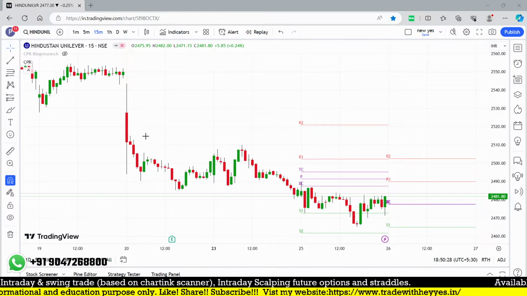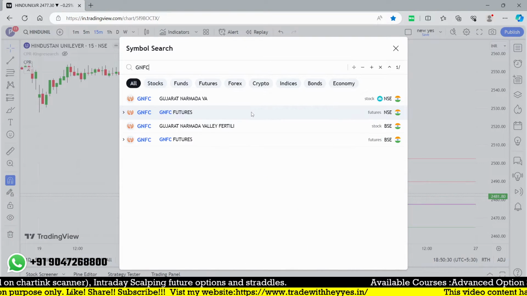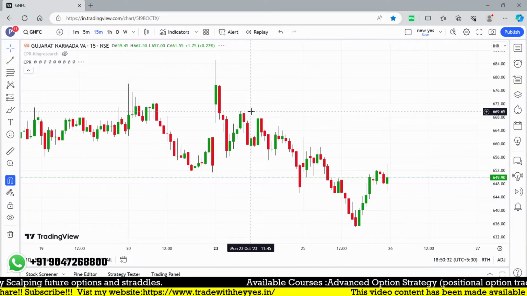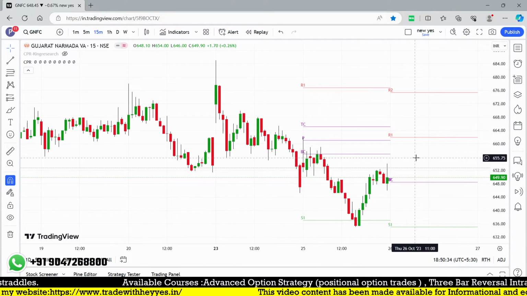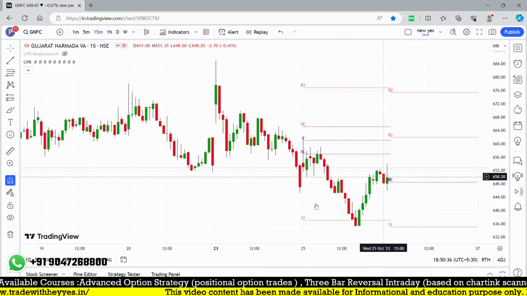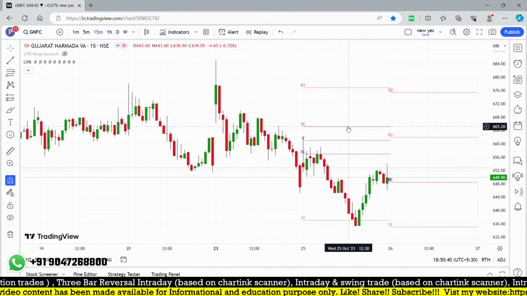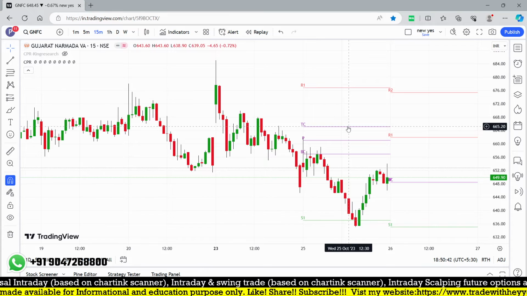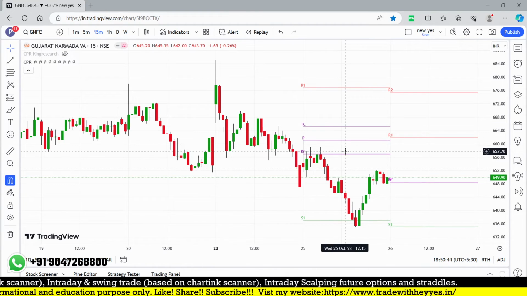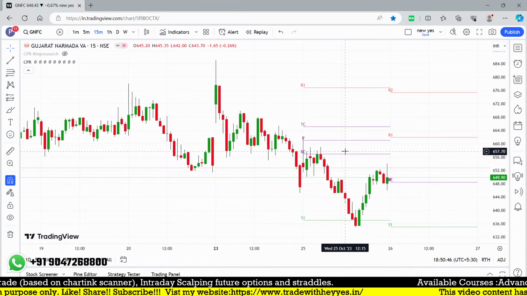GNFC is also very tight, but in this case, GNFC's TC is less than and BC is greater than. So GNFC and Ashok Leyland, these are all very tight range narrow CPR. Maybe the same stocks we can use for tomorrow, either for an R1 breakout or a reversal.